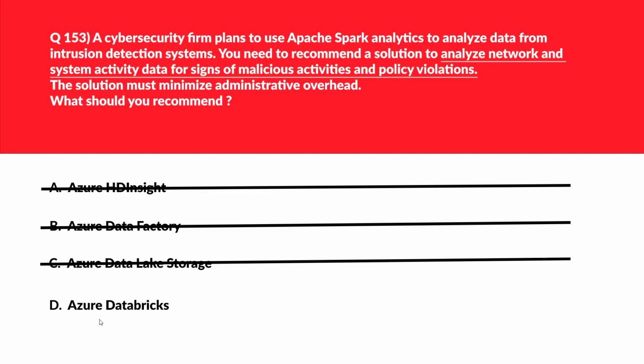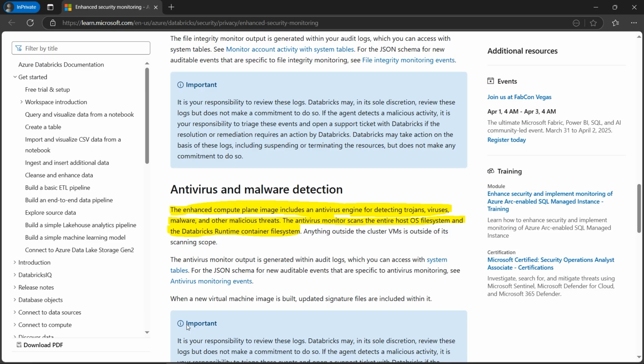D says Azure Databricks. So Databricks is, we know, a fully managed Apache Spark based analytics platform that simplifies big data processing and analysis, minimizing administrative overhead or administrative efforts. That being said, option D is the right answer.